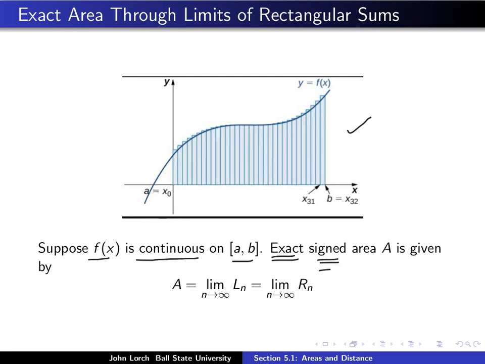But the exact area under the curve should be given by a limit as n goes to infinity of these rectangular area approximations, either L_n or R_n. Either one will work as n goes to infinity to give you the exact area under the curve.